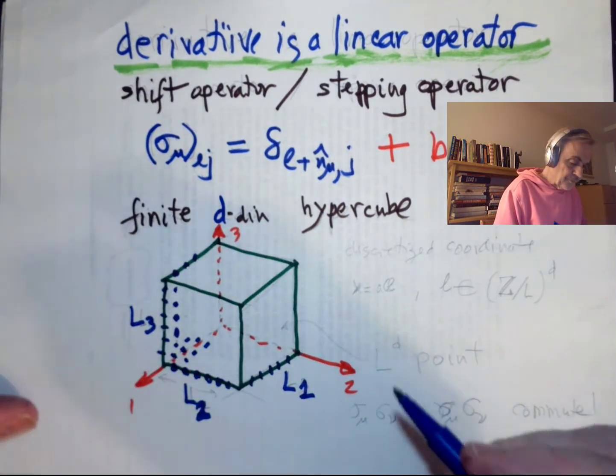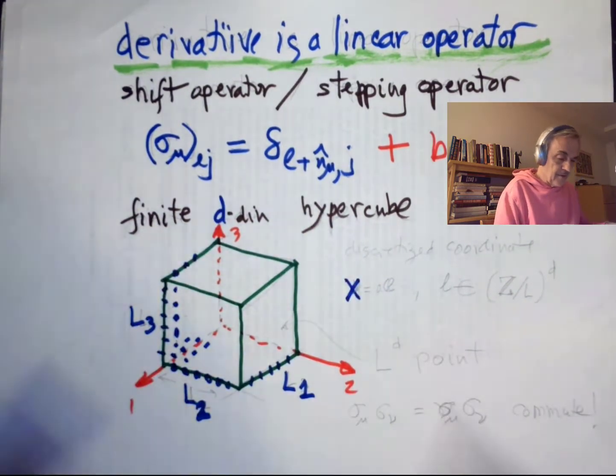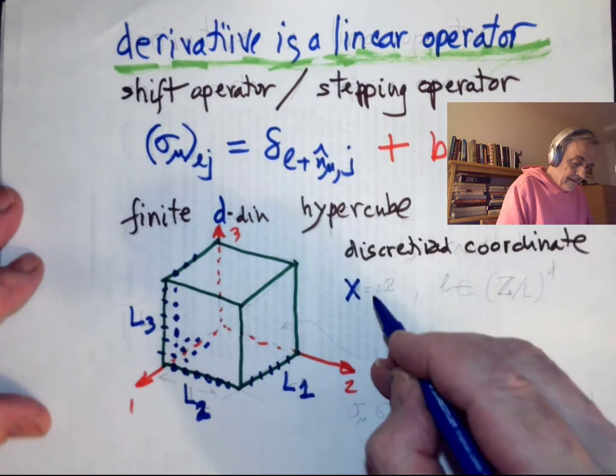So what used to be a continuum, X, is now discretized.